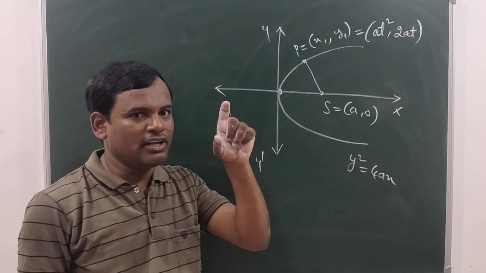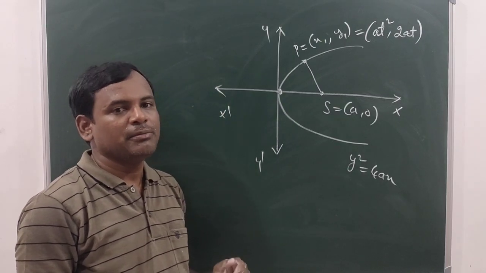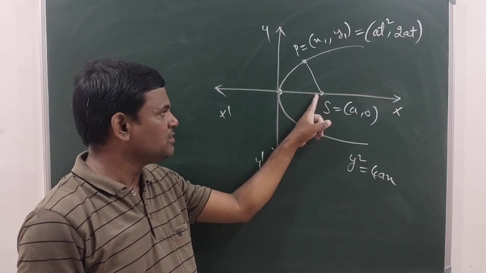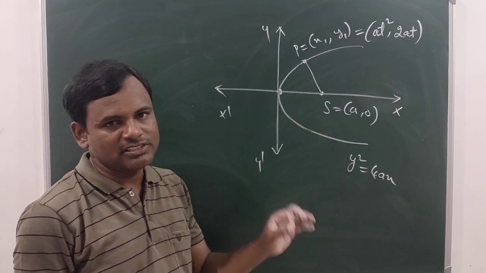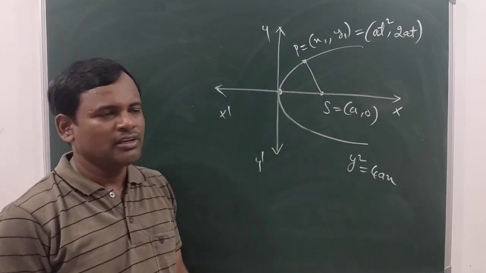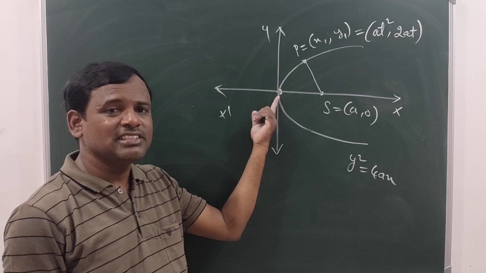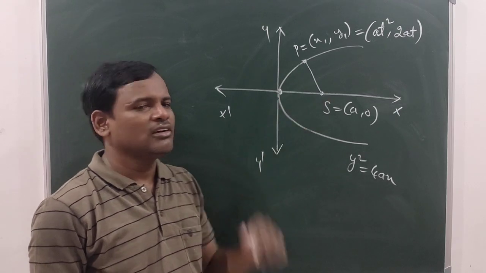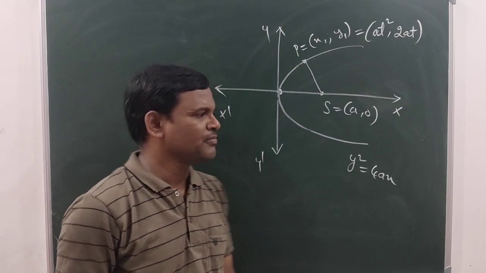Which focal distance is minimum? If you measure the focal distance from the vertex to S, that length is smaller than at other points. So you can say the vertex is the nearest point from the focus.